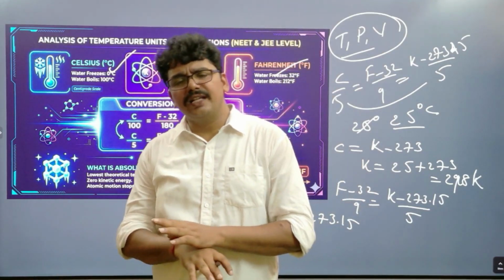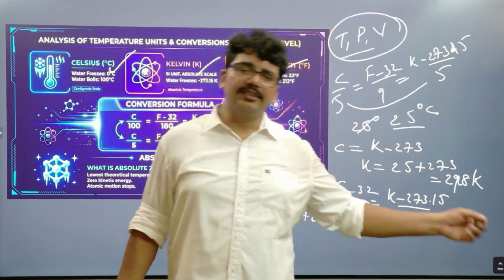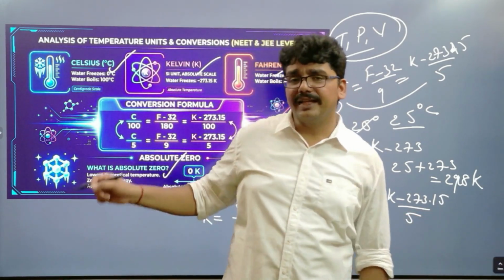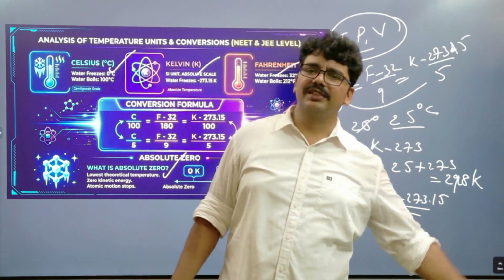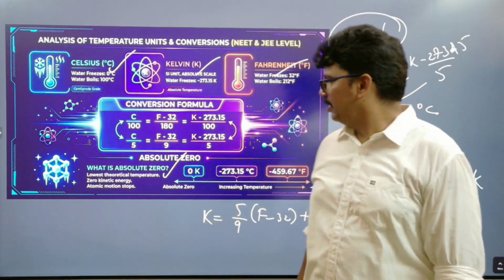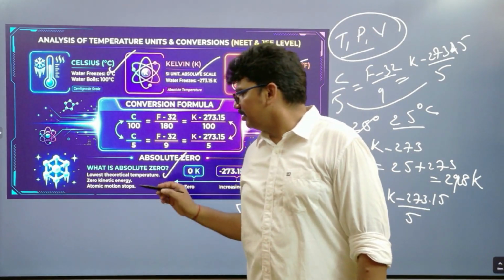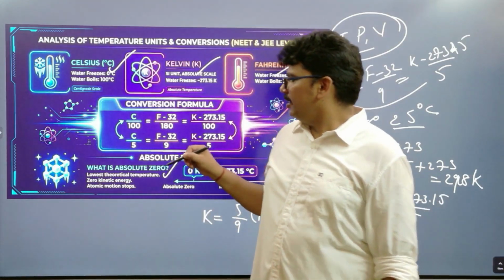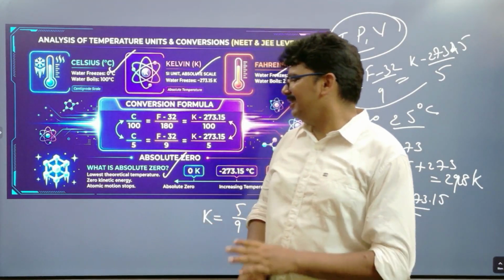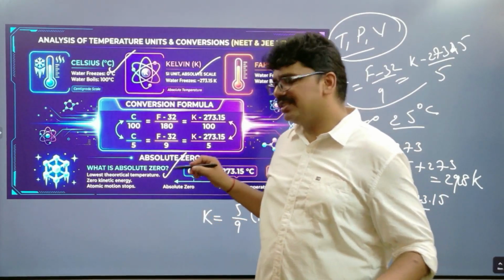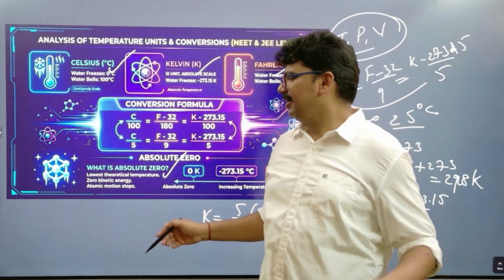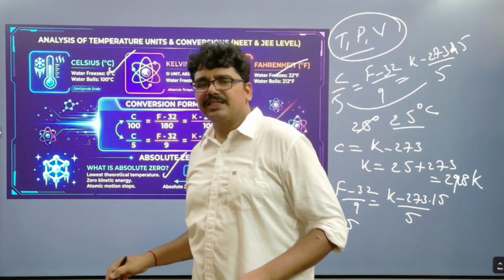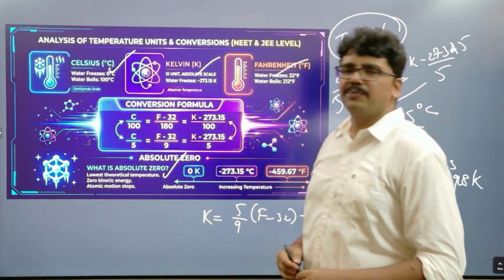In degrees Celsius negative temperatures are there, but in Kelvin scale no negative temperatures because the least possible value is taken as 0 kelvins. Right? So absolute zero means the temperature at which kinetic energy becomes zero, all atomic and molecular motions are ceased, and it is the lowest possible temperature.